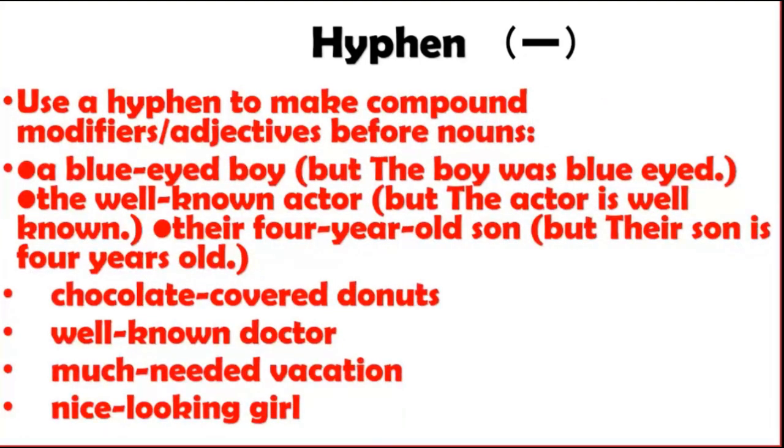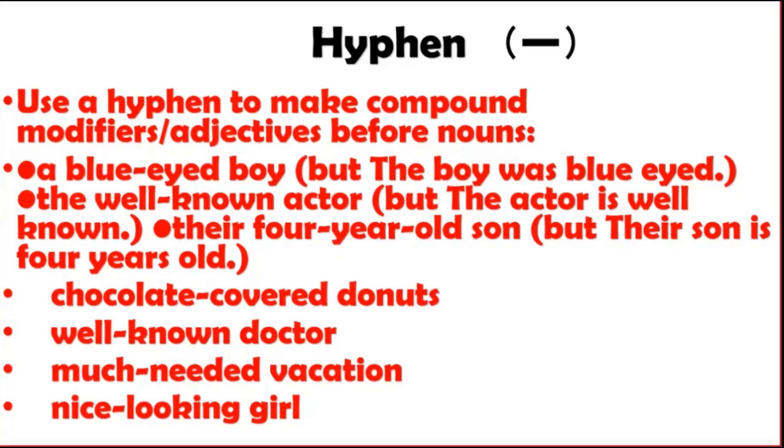Then we use a hyphen to make compound modifiers and adjectives. We have the word compound. Compound means more than one word. There are many words in which there are more than one word. And they perform as an adjective. A blue-eyed boy means a blue-eyed is adjective of boy.